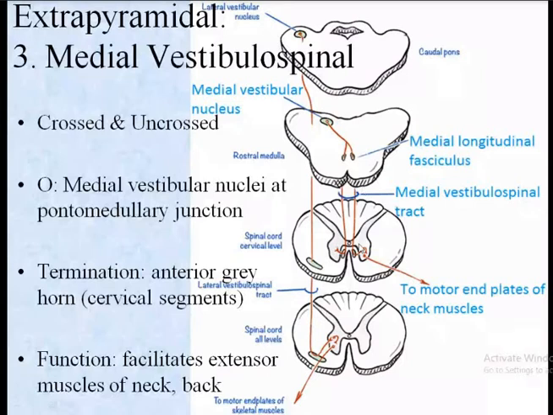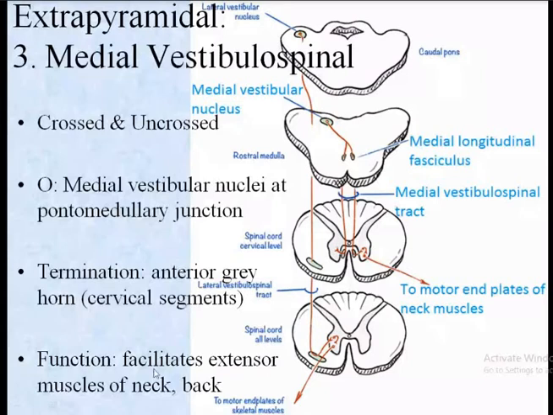Like the tectospinal tract, it descends only up to the cervical segment of the spinal cord, but the lateral vestibulospinal tract descends through the entire length of the spinal cord. This medial vestibulospinal tract descends only up to the cervical segment, and its function is to facilitate the extensor muscles of the neck and back.